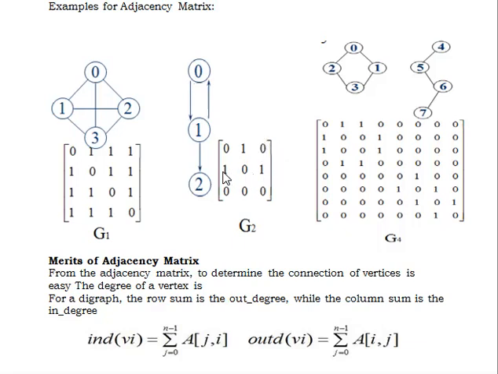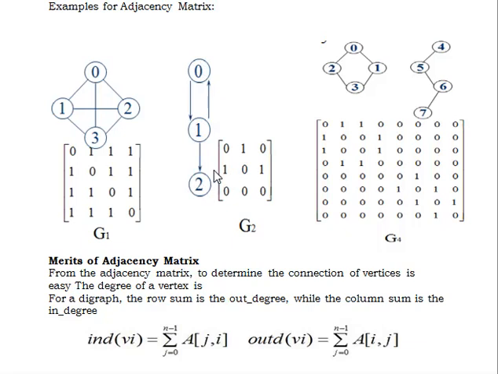Then the second one, the first node. What is possible to visit from the first node is only 1 to 0 and 1 to 2. Only the first vertex is possible to visit 1, 0 and 1, 2.